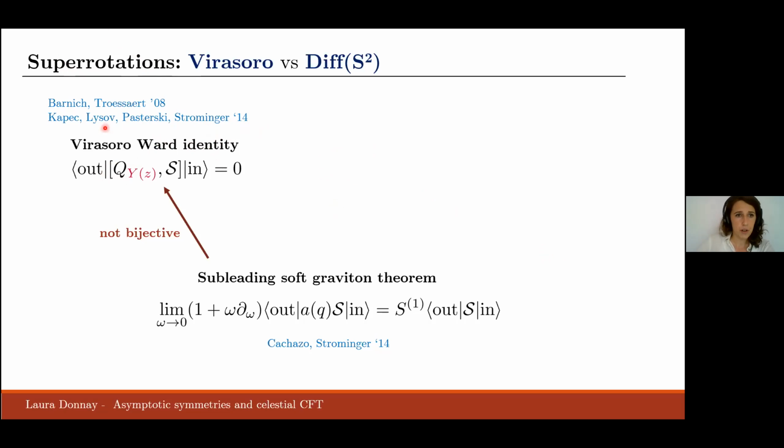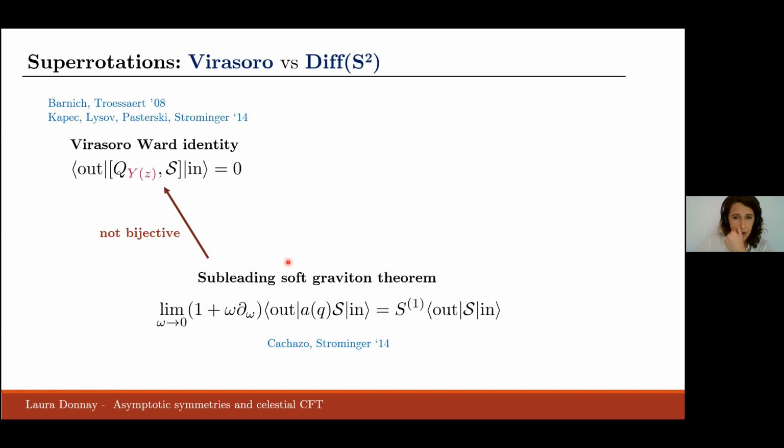And Strominger and collaborators have shown that because of this relationship between asymptotic symmetry Ward identities and soft theorems, they could infer from the existence of Virasoro symmetry a new theorem, which they call the subleading soft graviton theorem. It's subleading in the sense that it's subleading in the energy expansion.